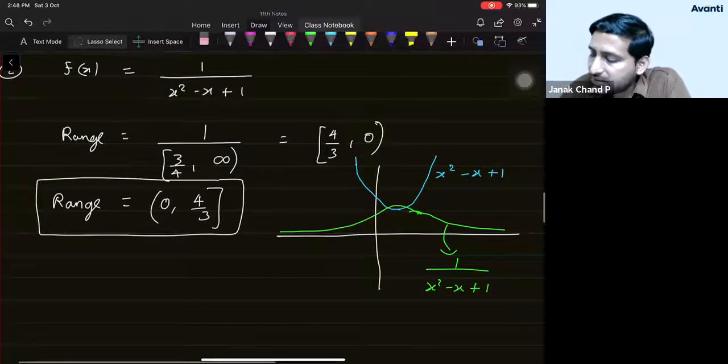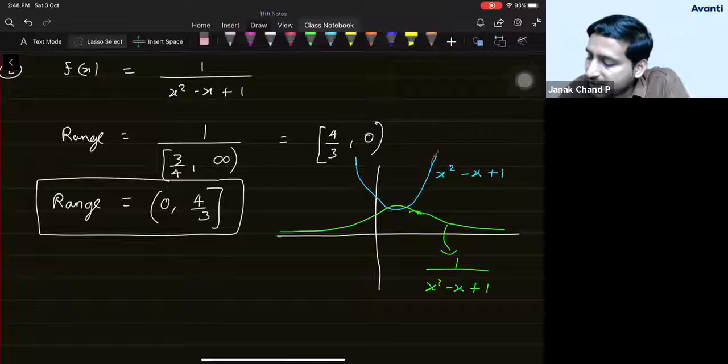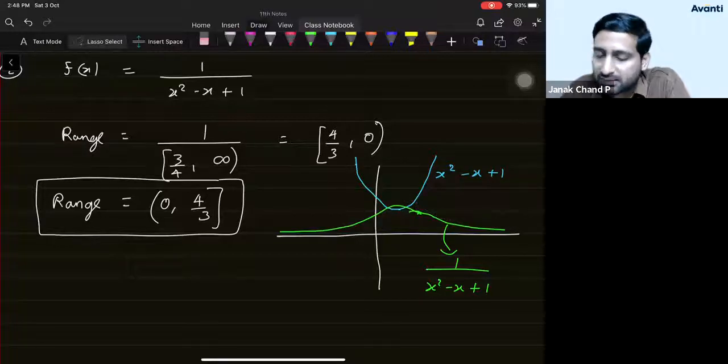Other than that, when this goes to the right side, it is approaching infinity, hence the reciprocal will be approaching 0. The same thing happens on this side also. I think I covered the basics of this when drawing the graph of the cosec function with the help of the sine function. I hope you remember that. Exactly the similar thing we are doing here to get a rough graph of this.